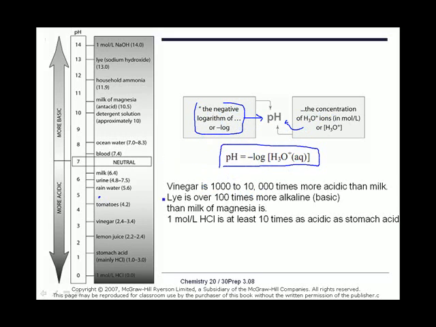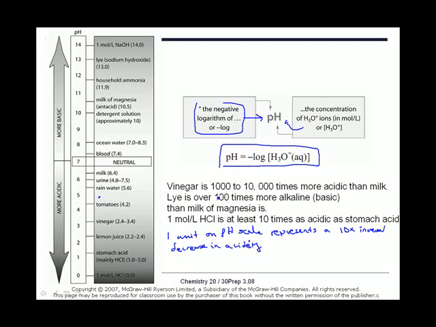One thing we should notice is that on the pH scale, 1 unit on the pH scale represents a 10 times increase or decrease in acidity.